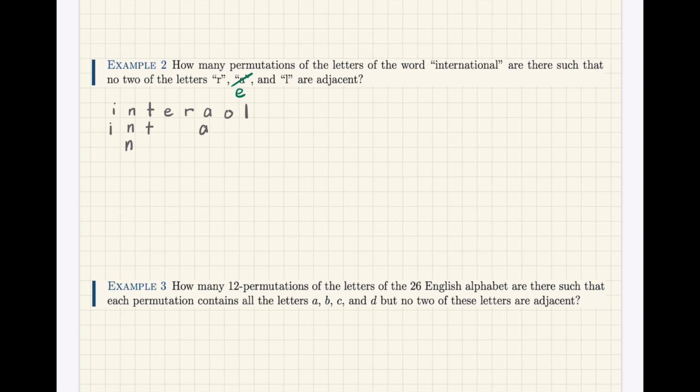So I say okay, I have the problem here: E, R, and L. But I have other objects, so let me arrange these objects first. 1, 2, 3, 4, 5, 6, 7, 8, 9, 10 objects. I want to arrange them in a row. This is not a hard problem. It would be a hard problem if you haven't studied permutations with repetition.